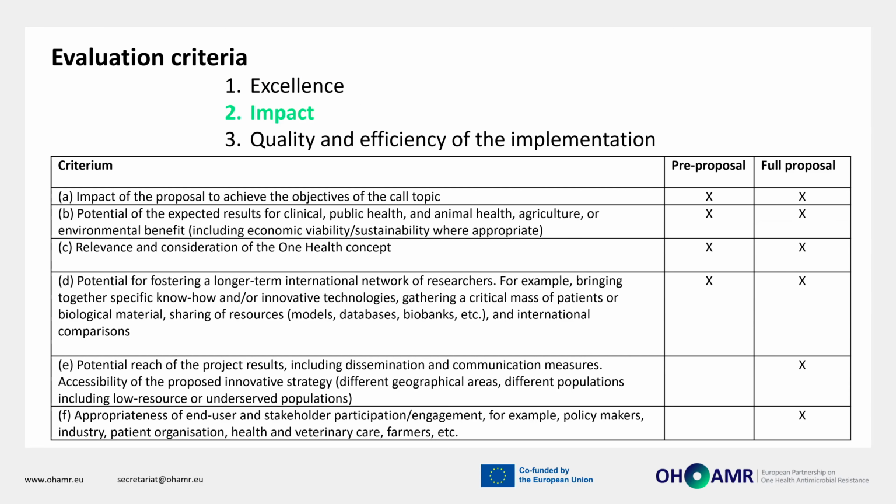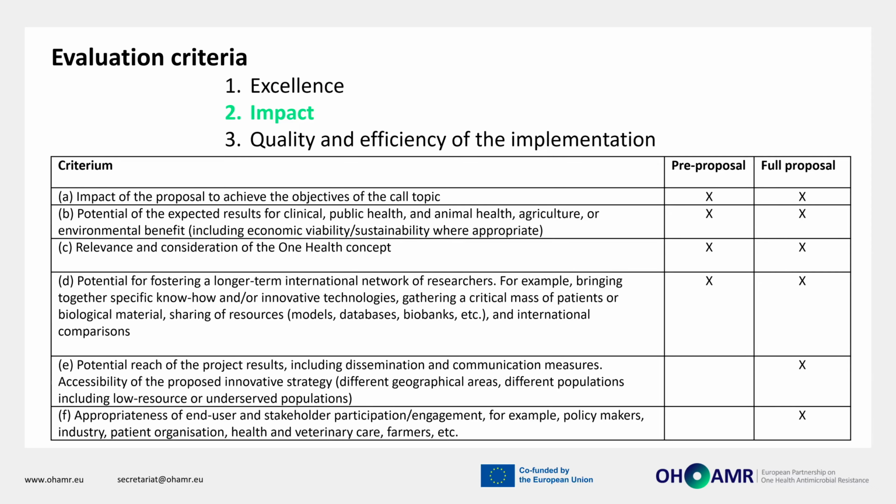The second group of evaluation criteria focuses on the impact of each proposal. Please note that some criteria are evaluated at both pre-proposal and full proposal stages, while others are assessed only at full proposal stage.